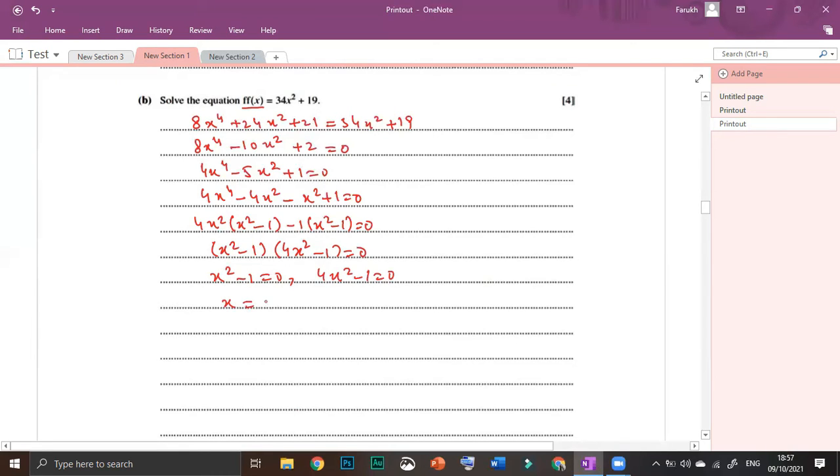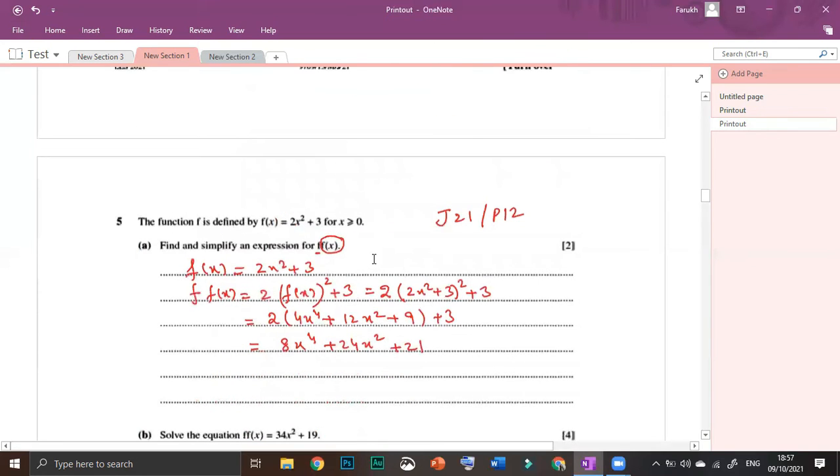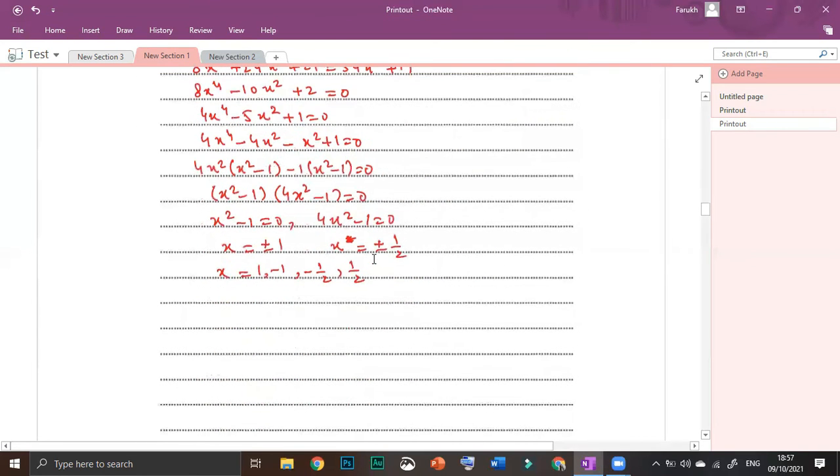From the first factor we will get x is equal to plus minus 1, and from the second one we will get x is equal to plus minus 1 by 2. Now we will check the domain. The answers are 1, minus 1, minus 1 over 2 and plus 1 by 2. Now the domain of f of x is greater than or equal to 0, so the negative values are not acceptable. The final answer is x is equal to 1 and 1 by 2.